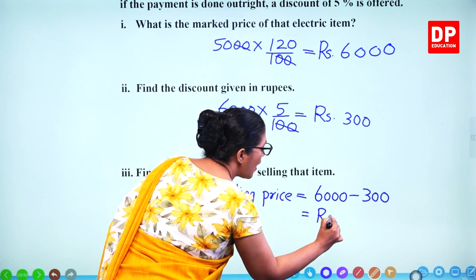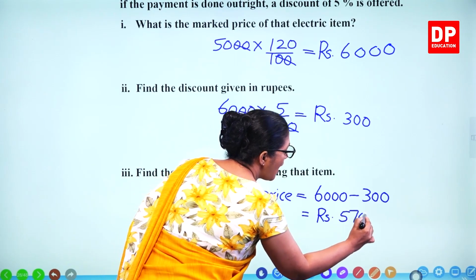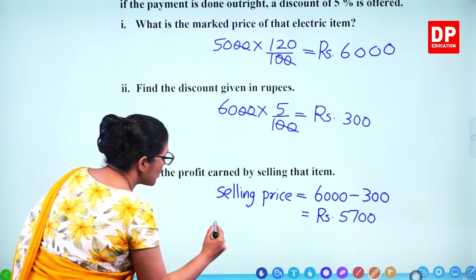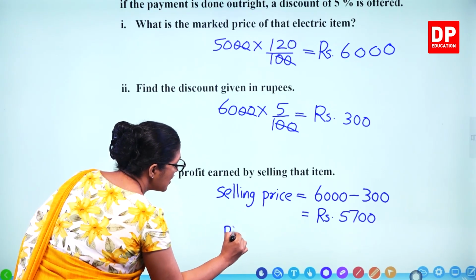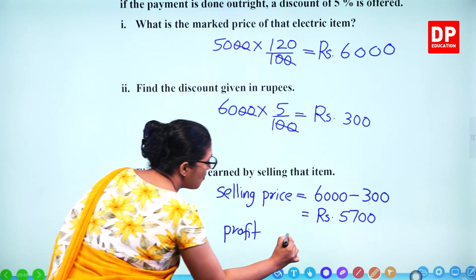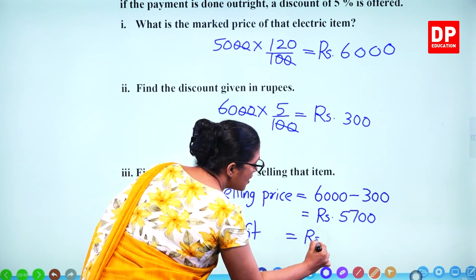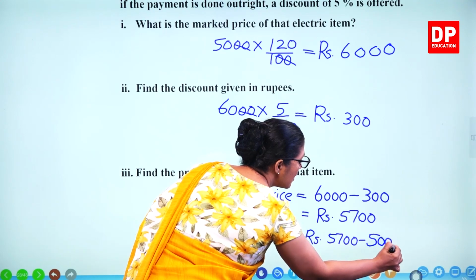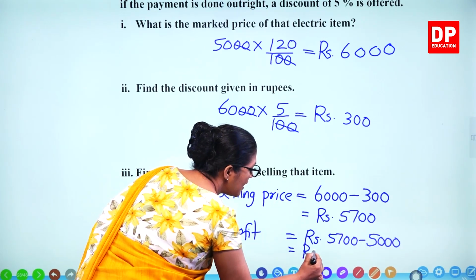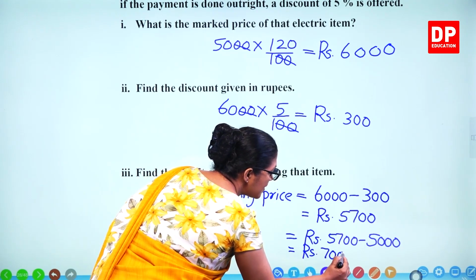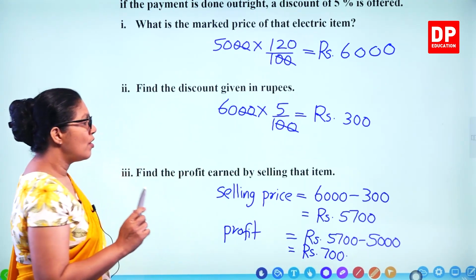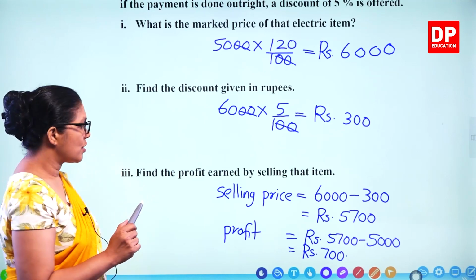So 5,700. This item was bought for 5,000. So what is the profit? Profit is 5,700 minus 5,000. So that means only 700 rupees is the profit value.